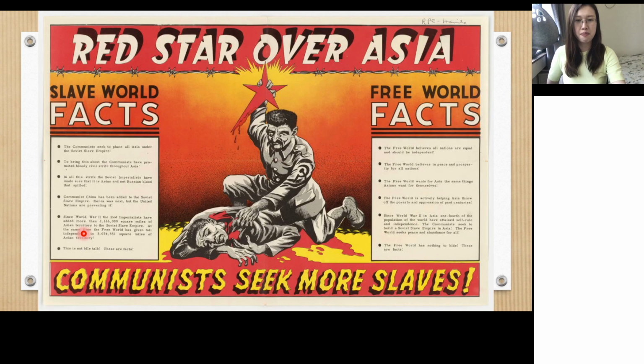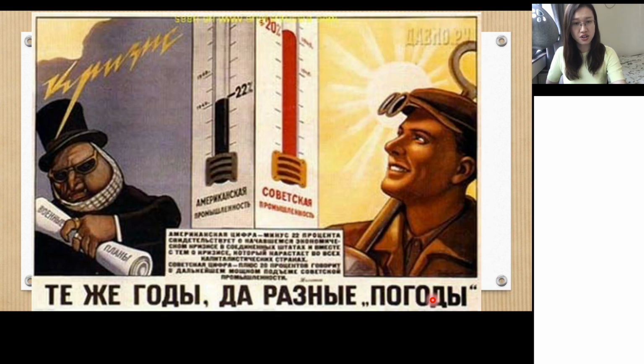This is an example: communists seek more slaves, right? So it's obvious that they're trying to create a bad image of the USSR. On the other side, this one is from the USSR, because you can see that as the dark cloud looms over the USA, the USSR basks in glorious sunshine while he's smiling happily, right?